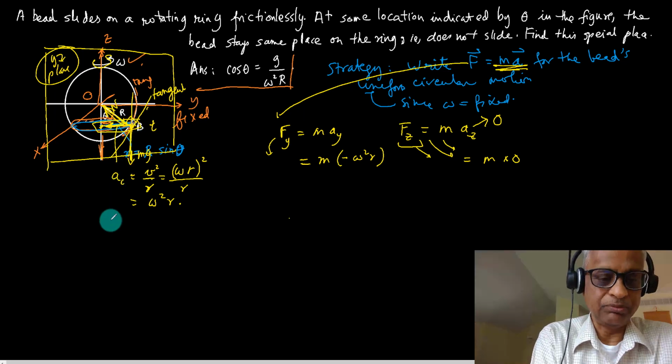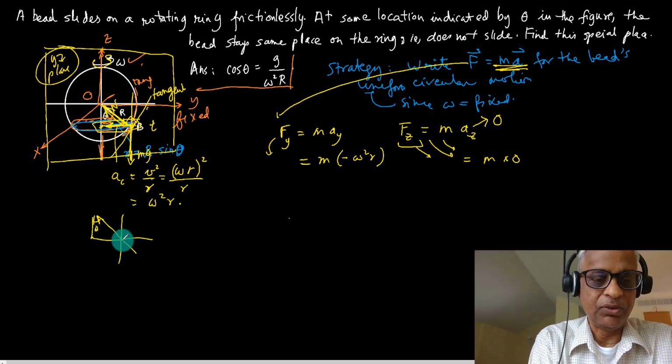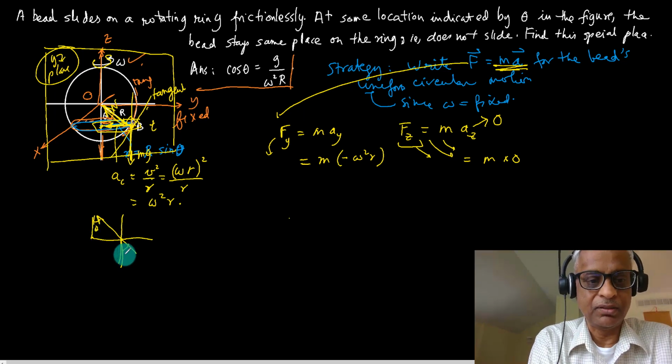So let's look at another diagram. This angle is theta. You can see that this angle is the same as that angle, which is the same as this theta, and the normal is that way. This is the z-axis and this is the y-axis.